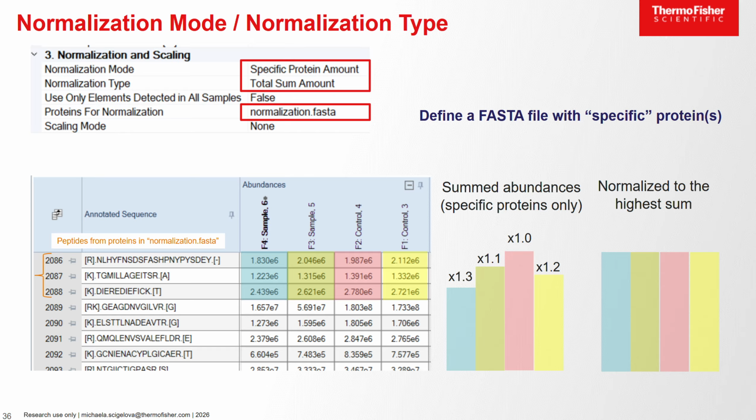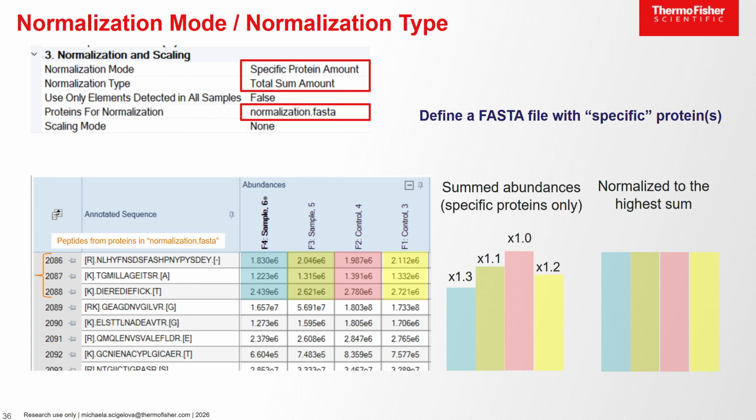And then numerically it is done in a very similar way. You add their contributions for each of the files. You select the most abundant one as a base and calculate the factors to use for multiplying the relevant samples to bring all the samples to the same level.